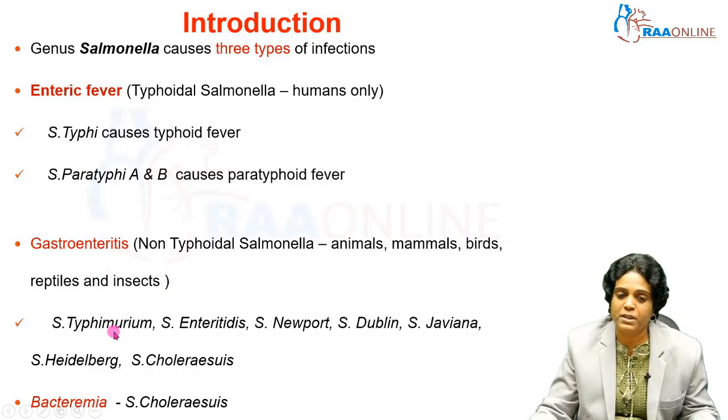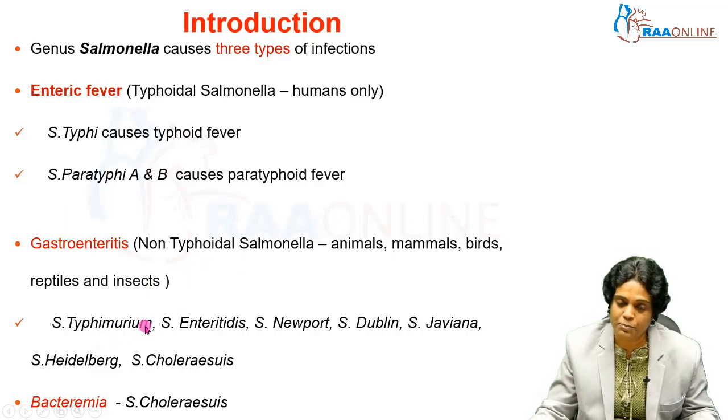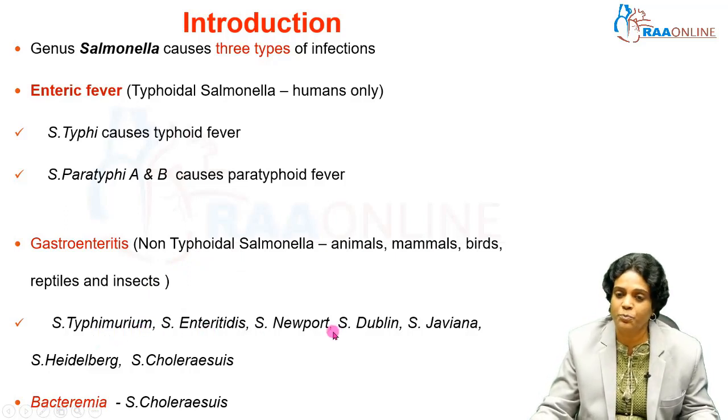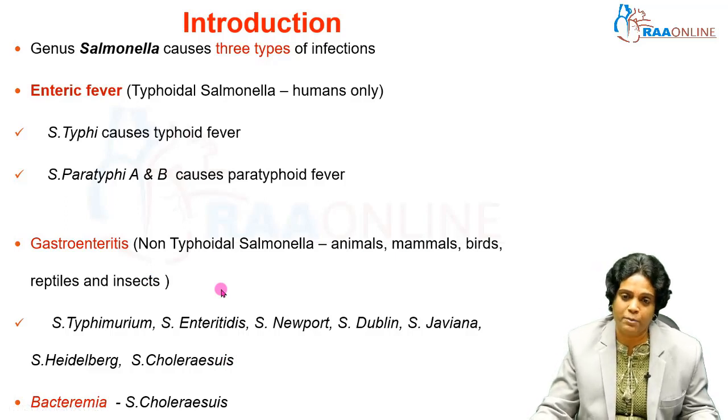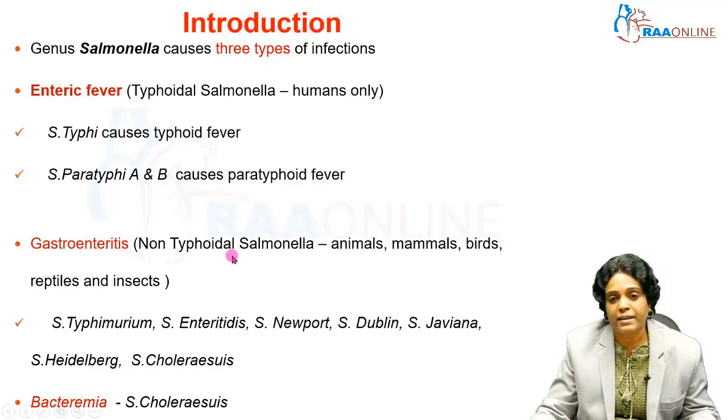The serotypes include Salmonella typhimurium, Enteritidis, Newport, Dublin, Javiana, Heidelberg, and Choleraesuis. Some strains causing gastroenteritis get disseminated into the bloodstream and seeded in various organs, resulting in bacteremia and many metastatic infections.